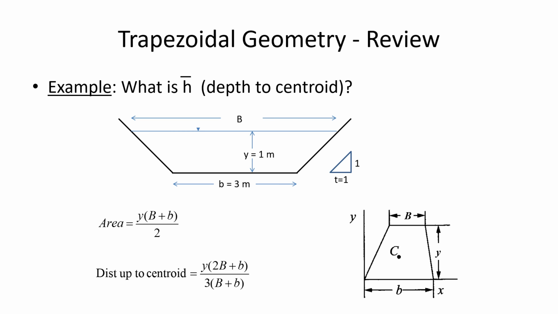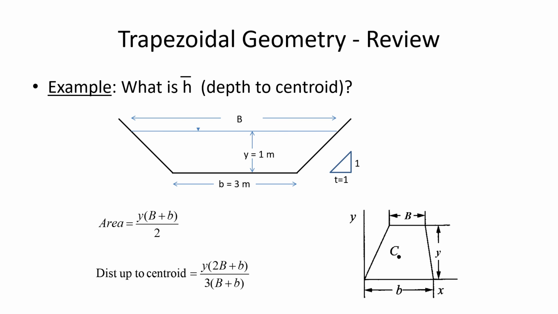If it's 1-to-1 side slopes, then for a meter of depth, we're going to have 1 extra meter on the left for the top width, and then 1 meter on that side. And so capital B is 2 meters plus 3 meters, so it's 5 meters across the top.